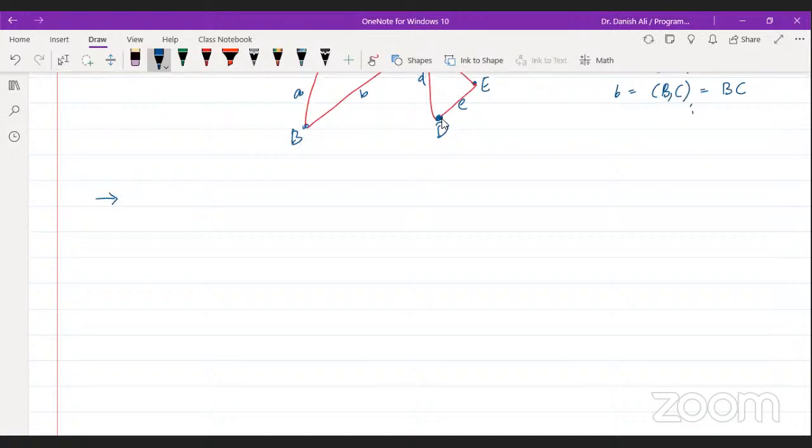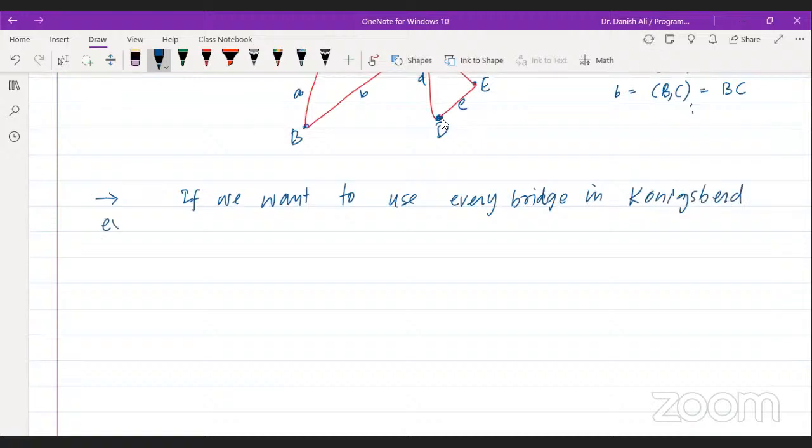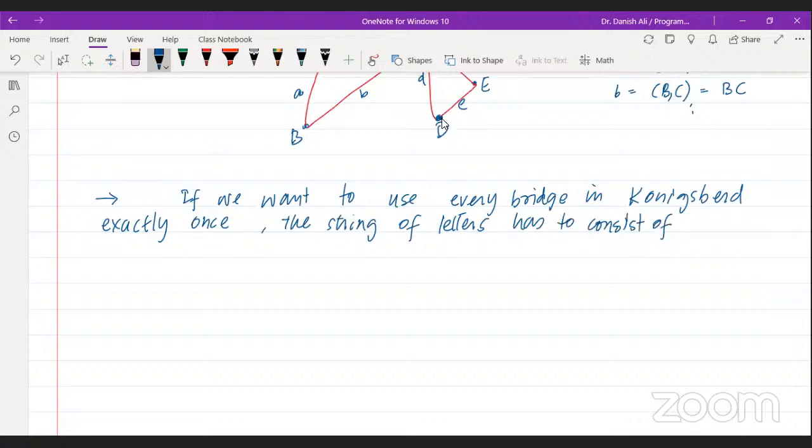First, if we want to use every bridge exactly once, the string of letters has to consist of 8 letters. In our case there are 7 bridges, so we must use 8 letters.